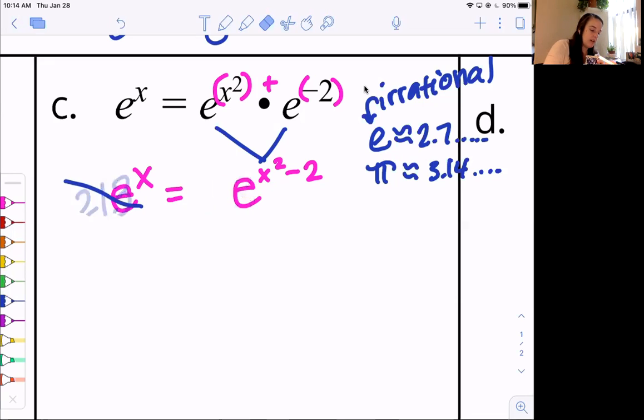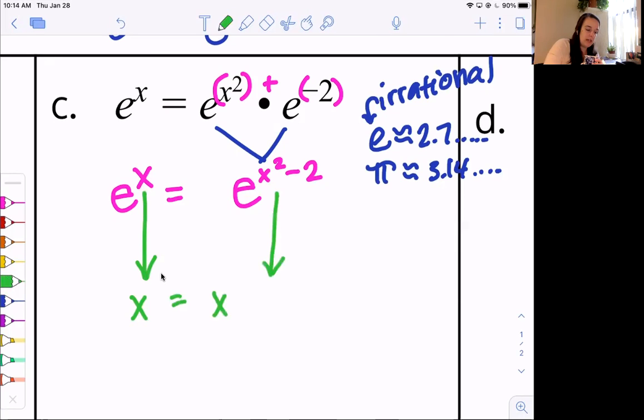So we'll take all of this back. Since our bases are the same, what does that mean about our exponents? It means that our exponents must also be the same. So our exponent is going to drop out here. X is equal to x squared minus 2.